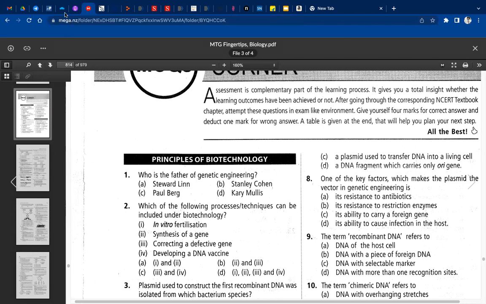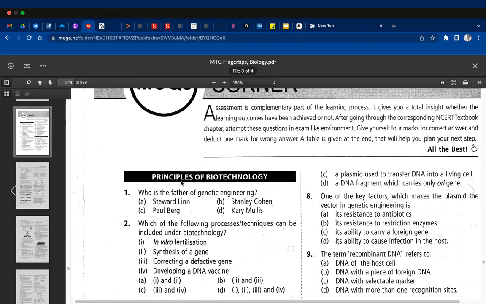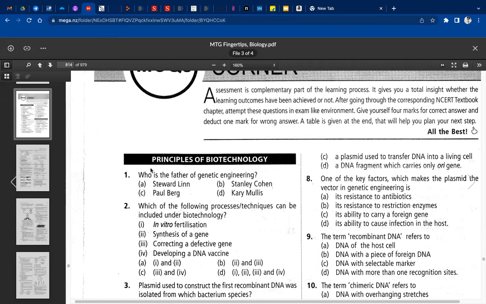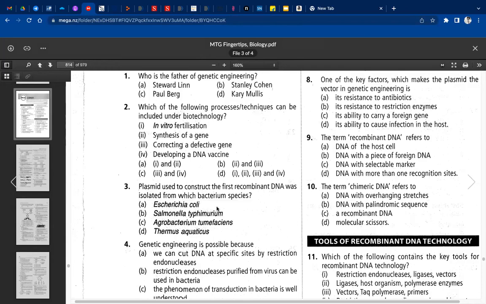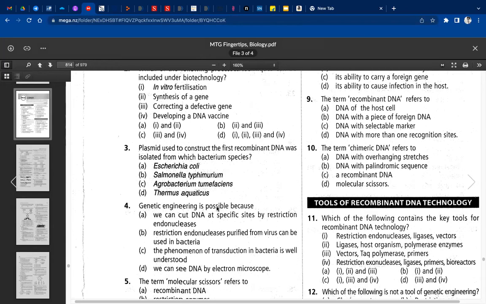So we have the questions, and I've selected some questions which have concepts that we can discuss along the way as you will be solving the questions. How we'll work is the same. I'll select some questions and ask you to read. One of you will read, and then you all will send your answers in the chat.